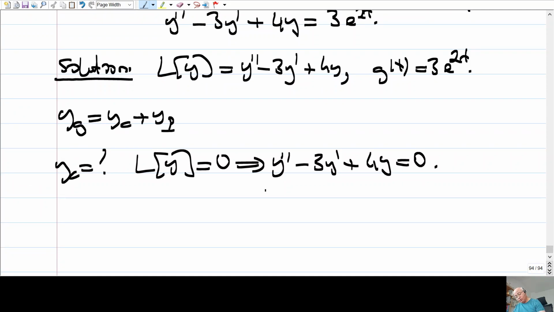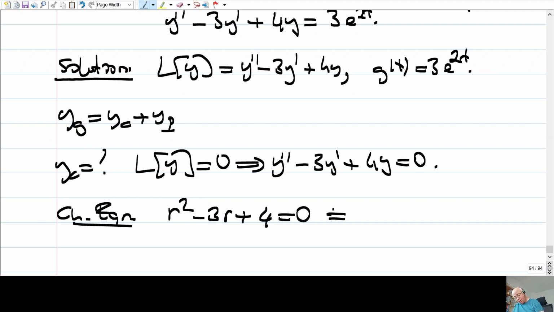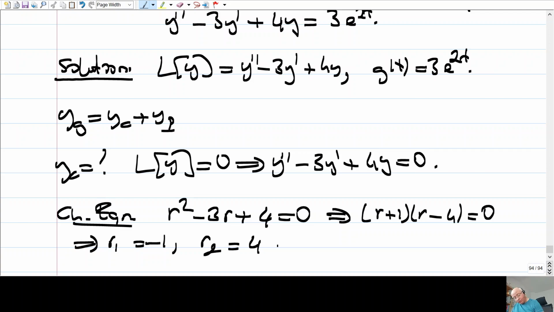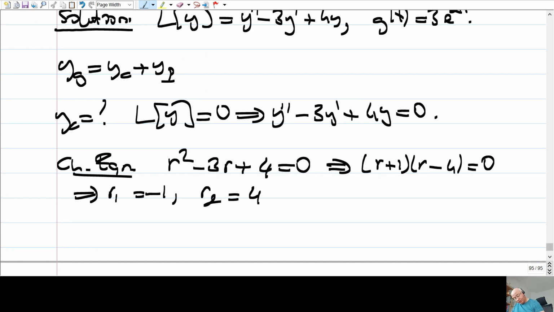You just write down its characteristic equation, r squared minus 3r plus 4 equals 0, and from this we get (r plus 1)(r minus 4) equals 0. So r1 is minus 1 and r2 is 4. These are the roots of the characteristic equation.